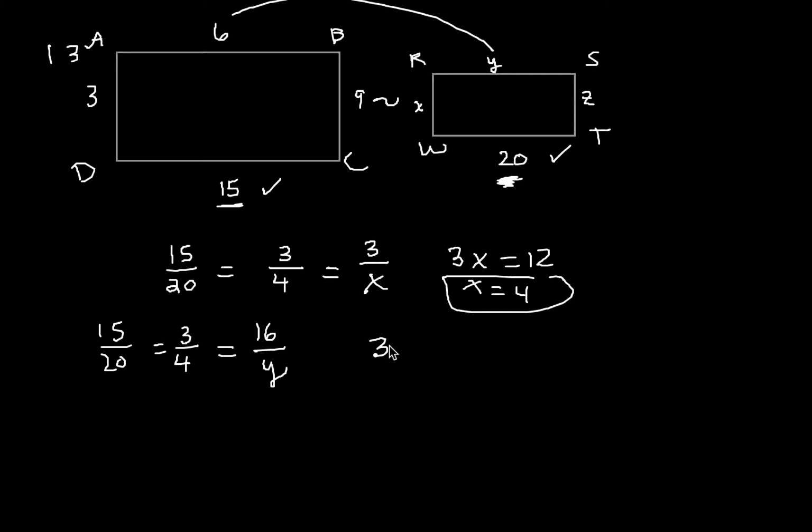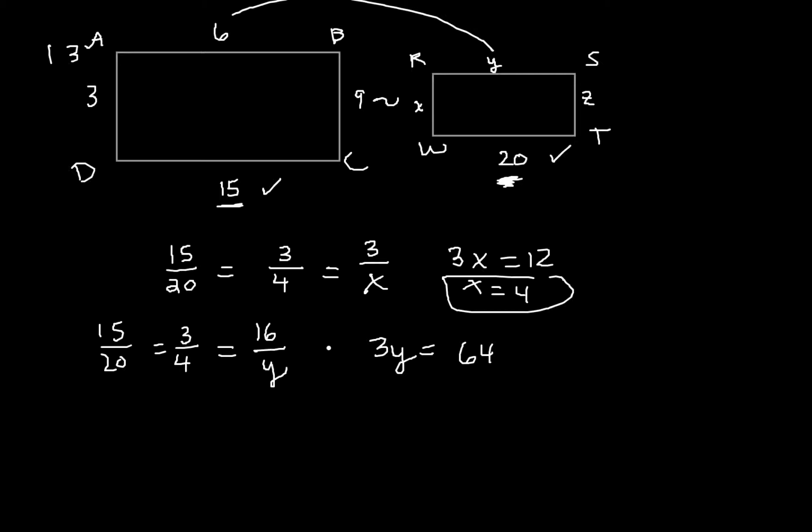We cross multiply, 3y equals 64, divide by 3, and we get, whoops, did I cross multiply wrong here? 16 times 4 is 64. Divide by 3 is something I did wrong.